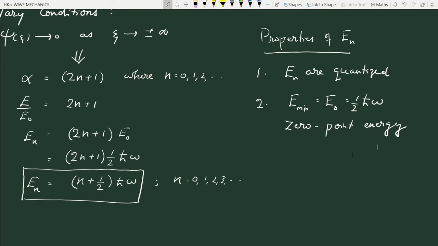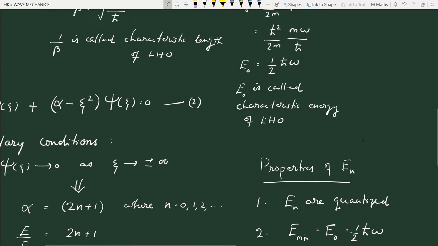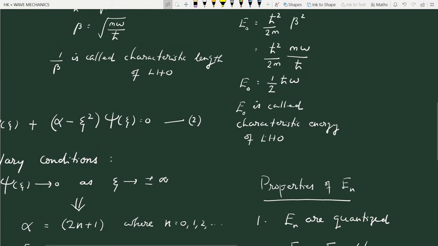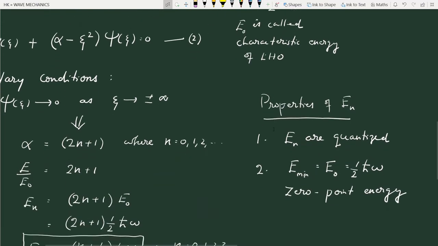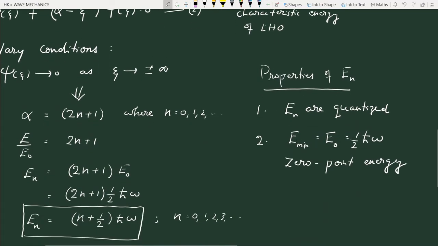Now we note that earlier I mentioned that the characteristic energy of any bound system will always be equal to its ground state energy. Here in the case of the linear harmonic oscillator, we can see that the ground state energy is half h cross omega, which is the same as the characteristic energy.